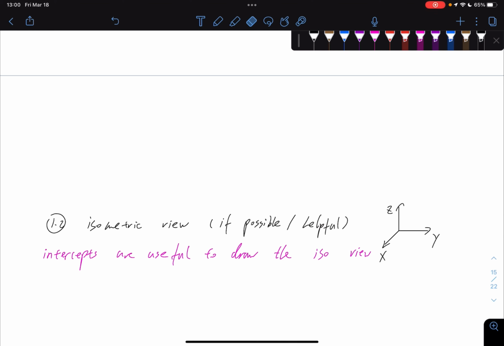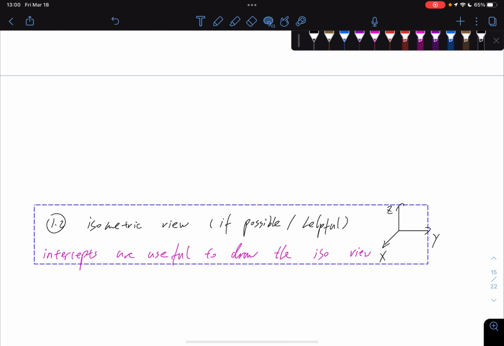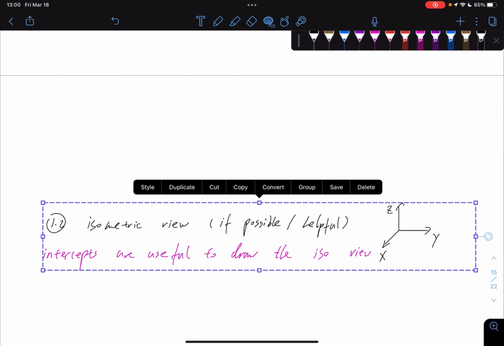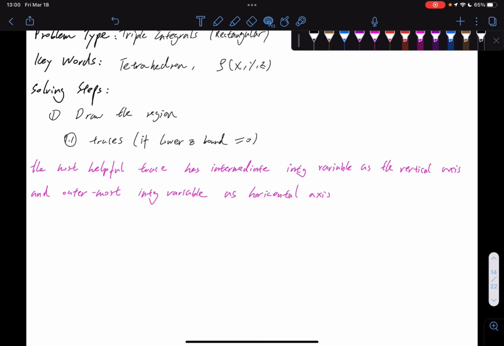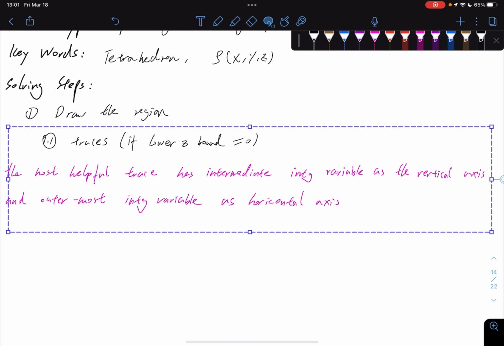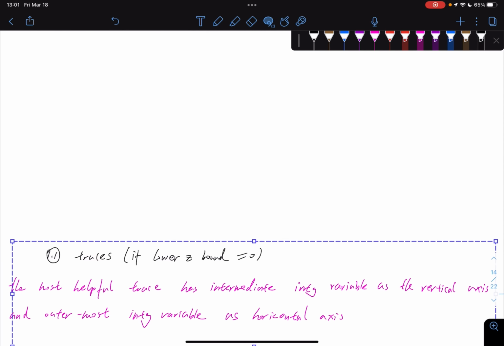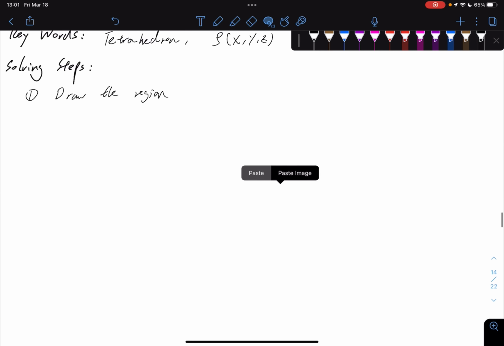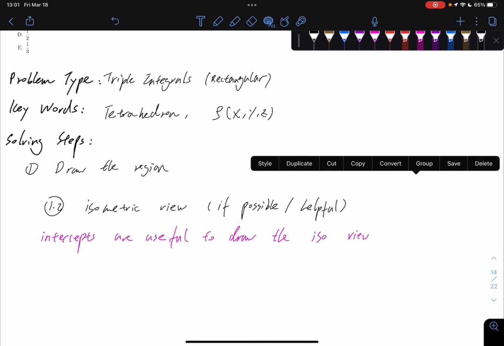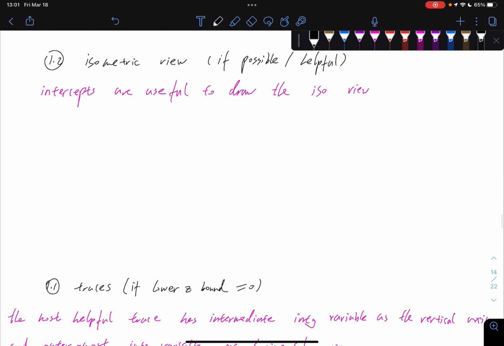to get started. It's because we have the corners of the tetrahedron, and that can help us to define the intercepts of the tetrahedron. So let's go and get started. I'm going to draw a big one for you.